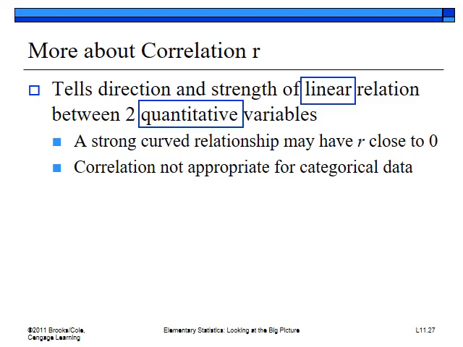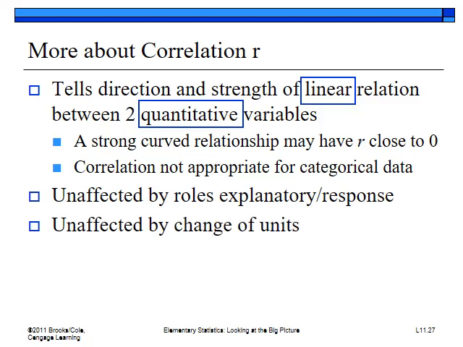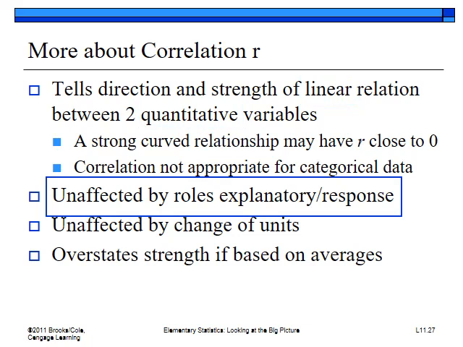If we're looking at categorical data, correlation is inappropriate. R is also unaffected by the roles of explanatory and response. R is unaffected by changes of units, and it overstates the strength of a relationship if it's based on averages. Let's look at these last three in order, starting with the first.